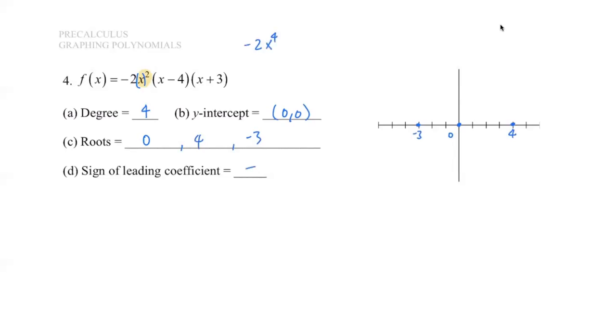If you put in -10 for x to find out where it starts, you will find that -10 raised to an even power is always positive, but then you multiply by -2, which results in a negative. And with even-powered functions, the function starts and ends on the same side. So it will start low and end low.